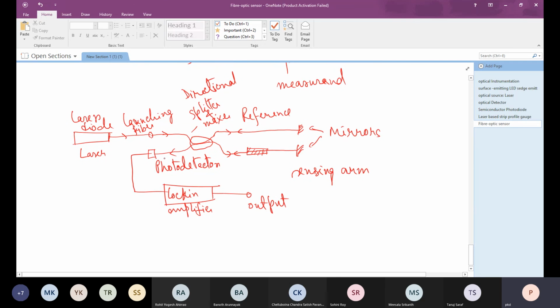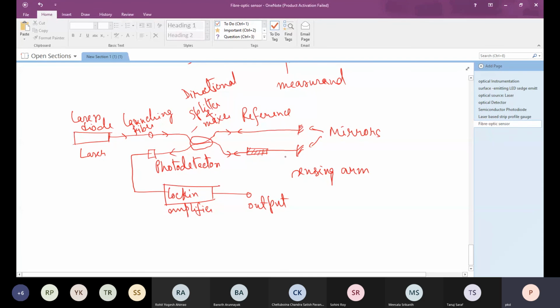The advantage is that these mirrors, though I have drawn them like this, are simply a metal deposition on the fiber which is cut. The glass is cut, and then you make a metal deposition like nickel or silver at the surface of the fiber, so it itself acts as a mirror. So therefore it can be very compact.